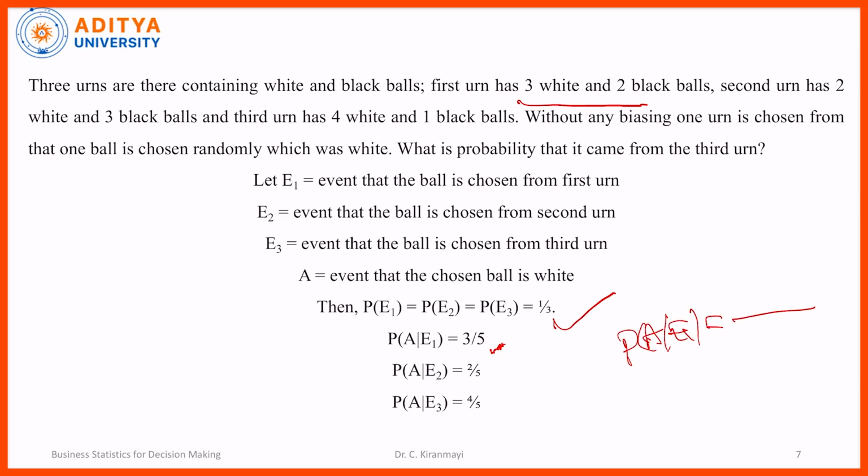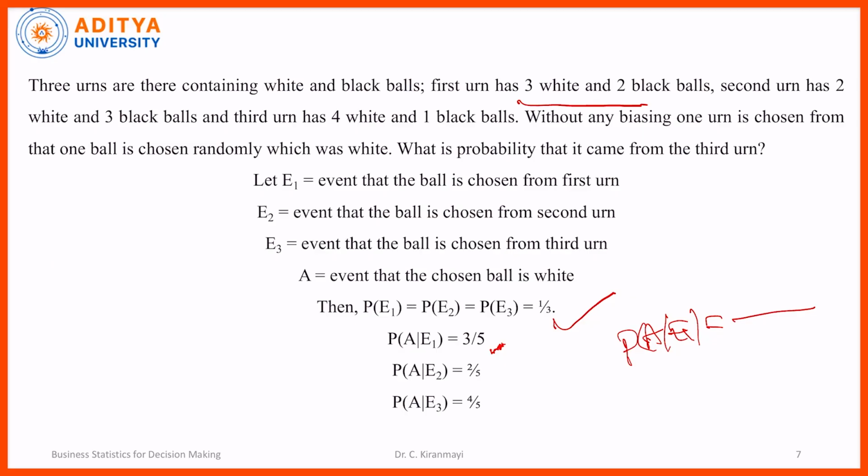P of A given E1 means E1 has already occurred, that is, the first urn has been selected, and A is the conditional probability of a white ball from the first urn.